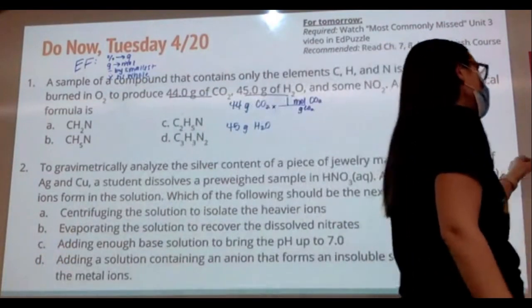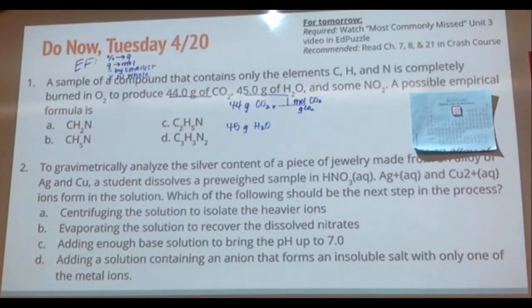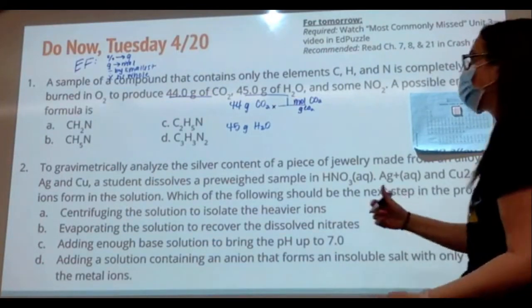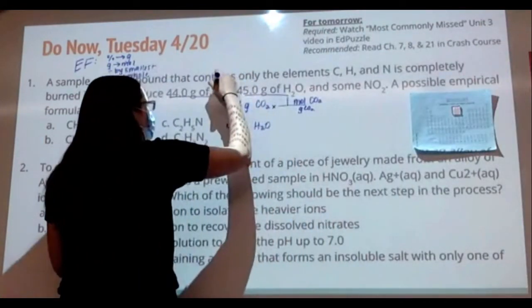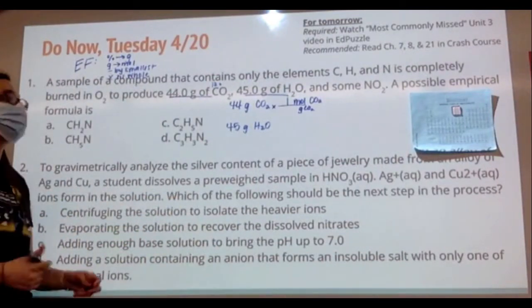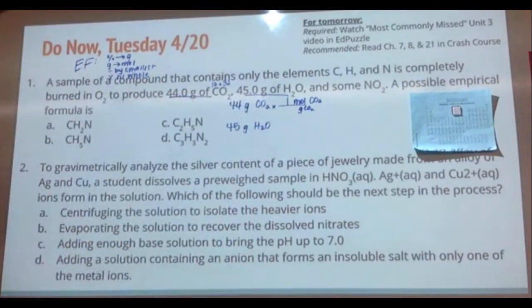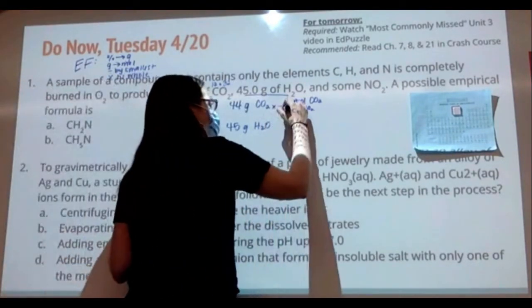When you have to look at molar masses, round the molar masses from the periodic table. Carbon is 12.01, just use 12. Each oxygen is 16, and 16 times 2 is 32. 12 plus 32 is 44.